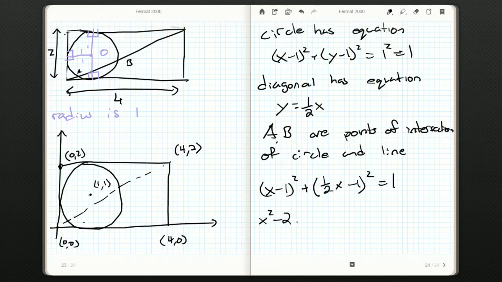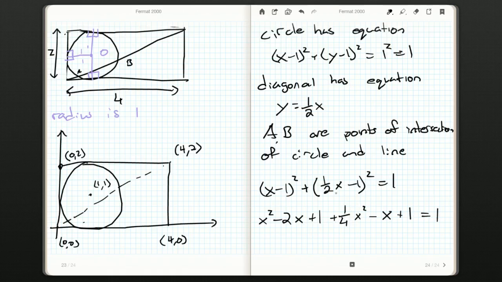So x squared minus 2x plus 1 plus 1/4 x squared minus x plus 1 equals 1. Is this one right?